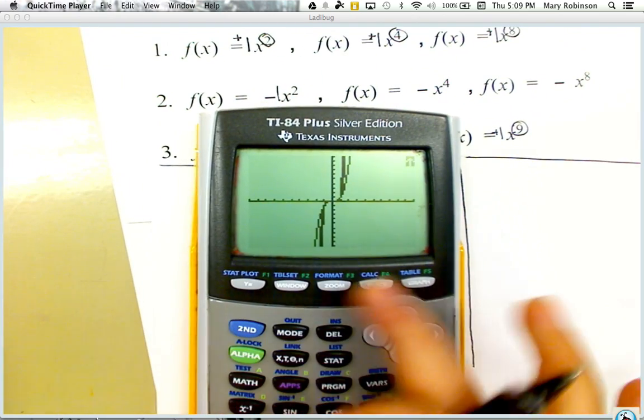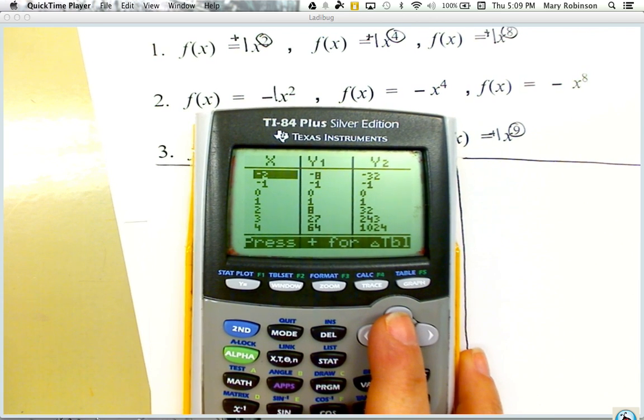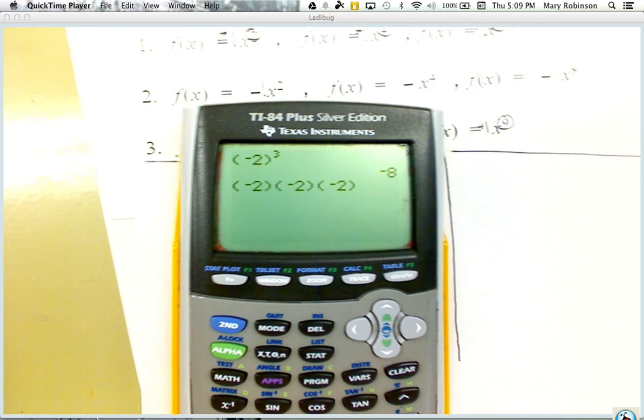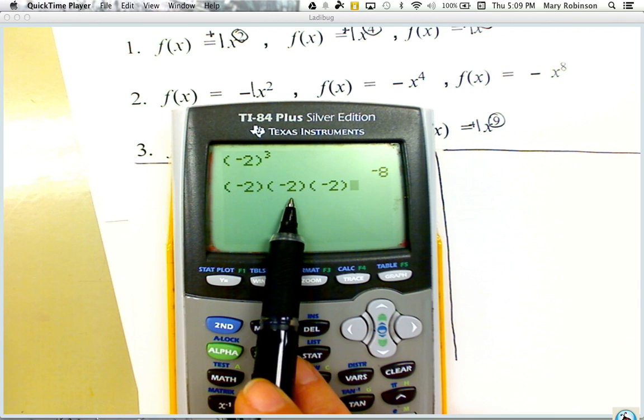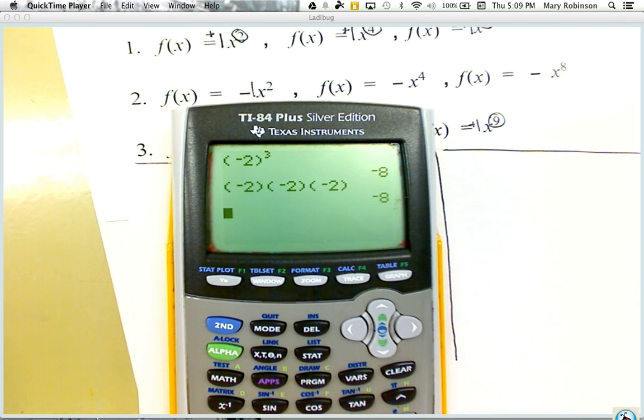Now the reason is when we raise a negative number to an odd power, think about it. If we had negative 2 to the third power, that really means negative 2 times negative 2 times negative 2. Well, a negative times a negative is a positive, then a positive times a negative 2 would make it negative again.